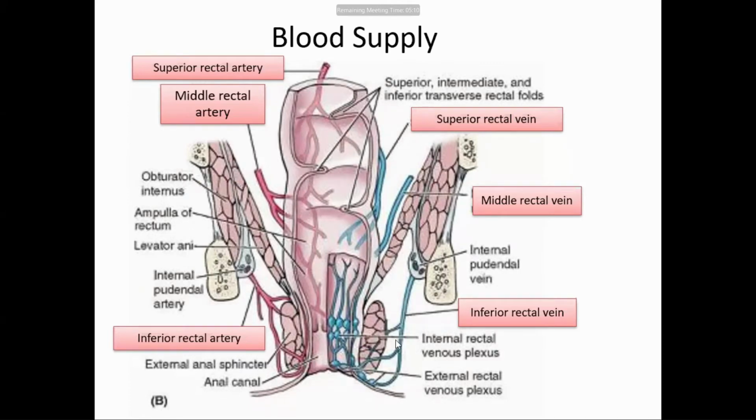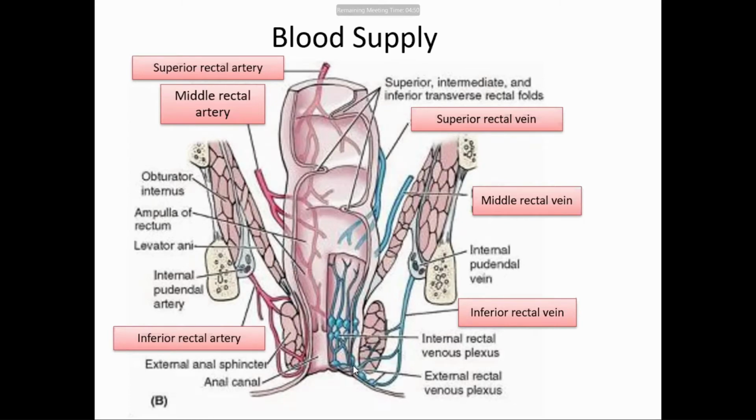The upper part of the internal rectal venous plexus drains by the superior rectal vein, and the superior rectal vein drains into the portal vein.